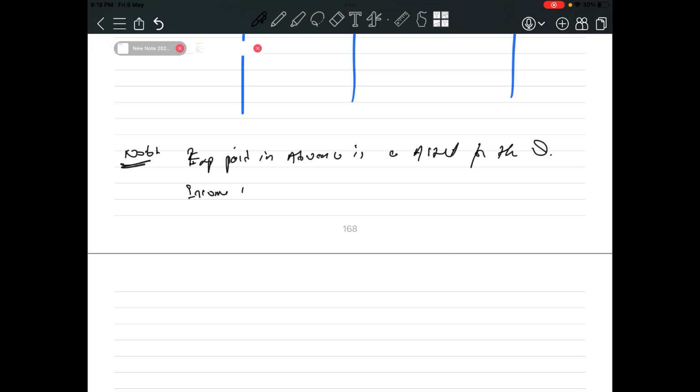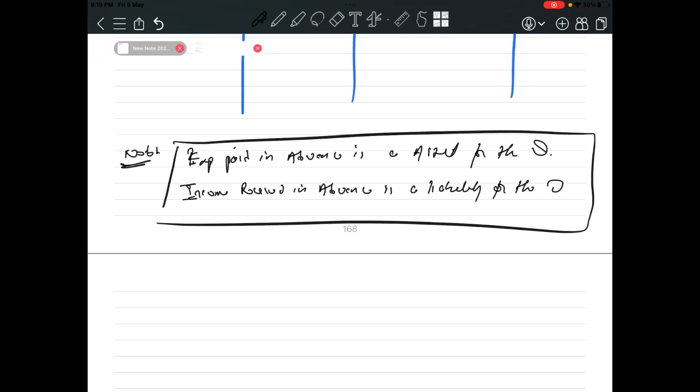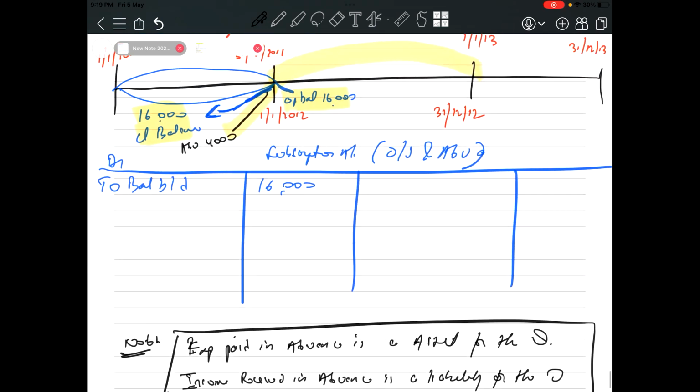Similarly, note number 2: income received in advance is a liability for the organization, because the members will get the benefit in future. Note these 2 points. It's very important. You have to remember this.